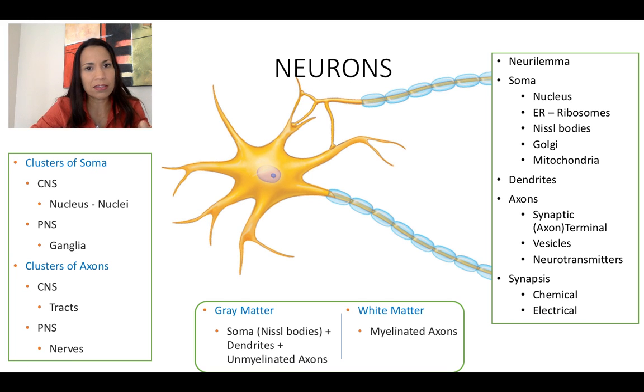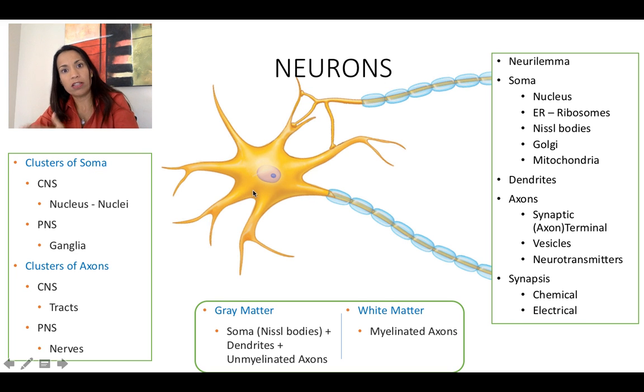And we call the darker the gray matter and the lighter the white matter. The gray matter consists of clusters of soma, because those are the ones that contain the Nissl bodies, the ones that give the gray color to the gray matter. Okay, so in there we're going to find a lot of soma or cell bodies.